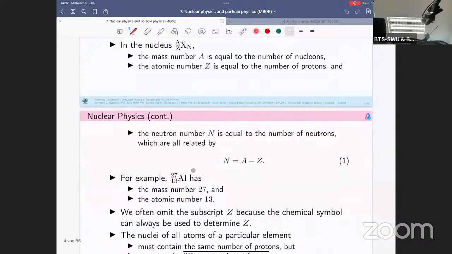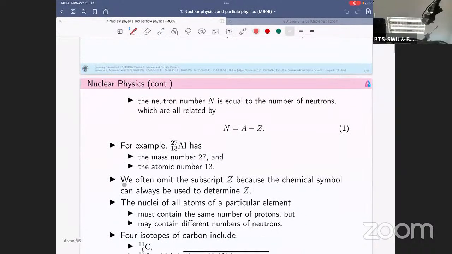The bigger number minus the smaller number Z. For example, aluminum 27,13 has the mass number 27 and the atomic number 13. Mass number 27 is the number of both protons and neutrons, and the atomic number 13 is the number of protons inside the nucleus of aluminum.